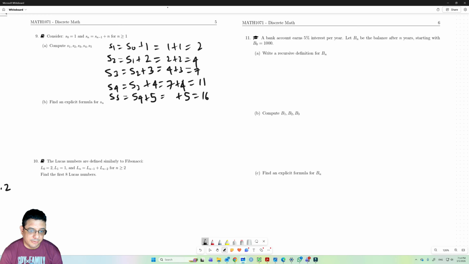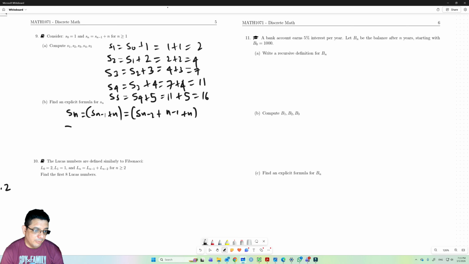Now, we want to find an explicit formula for this, but the way that we can do that is we can go recursively back. So S of n is just going to be S of n minus 1 plus n. But at the same time, we can now go and do S of n minus 1, which is going to be S of n minus 2 plus n minus 1 plus n.